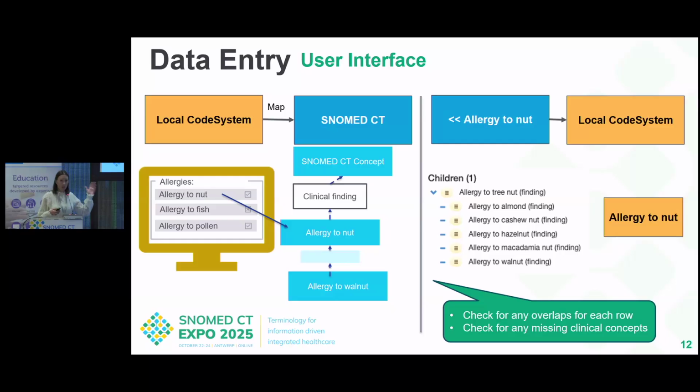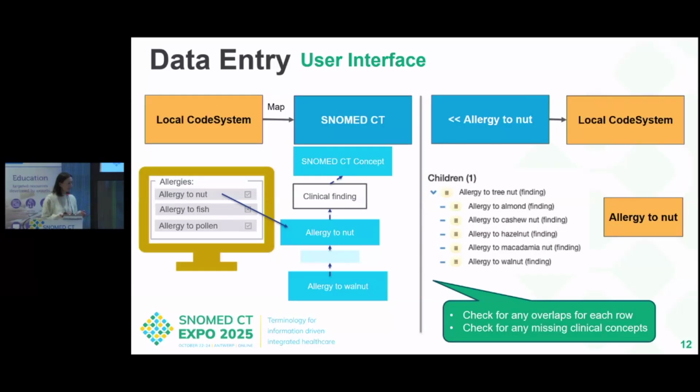So you can actually run a SNOMED expression constraint language query where you find all the subtypes of allergy to nut, and you can check if there's any overlaps of content that you've already got, but also check for any missing clinical concepts that are in your new code system. Now, Anna, we were discussing this, and I just want to check if I missed anything else when we were covering that. Okay. So this was a new thing that we want to make sure that you're getting that coverage of all the clinical concepts that you need.